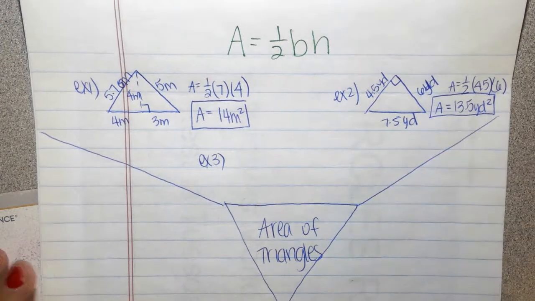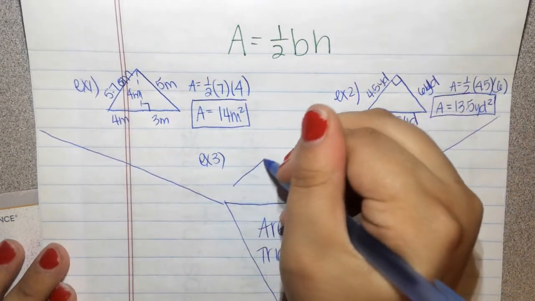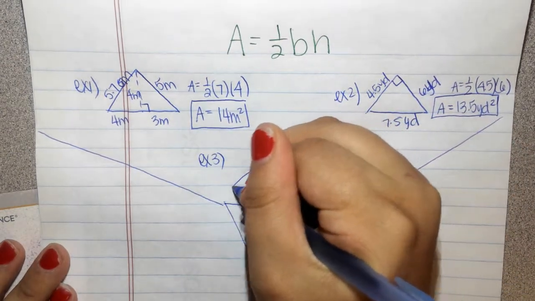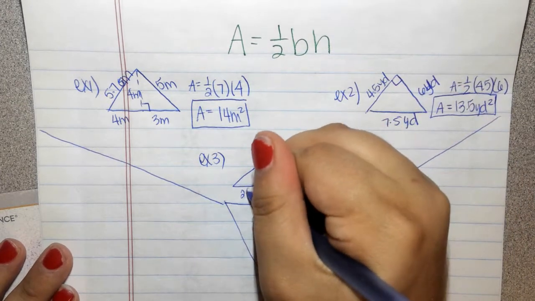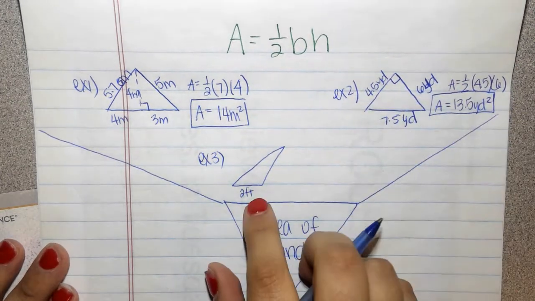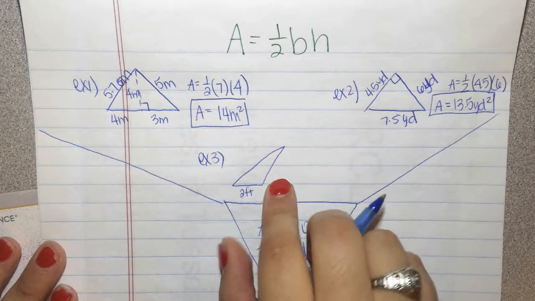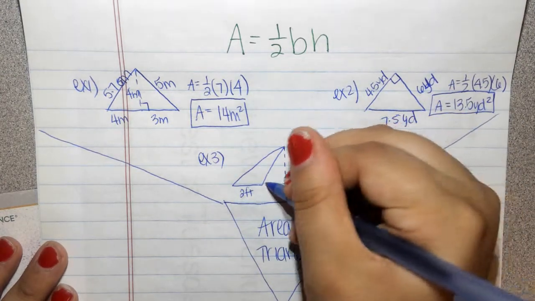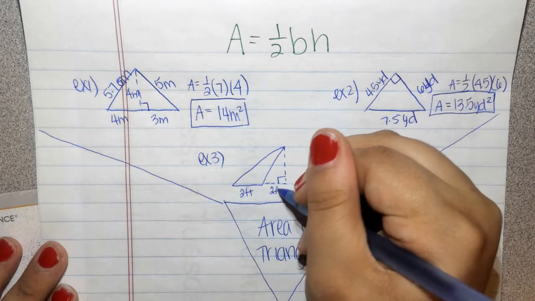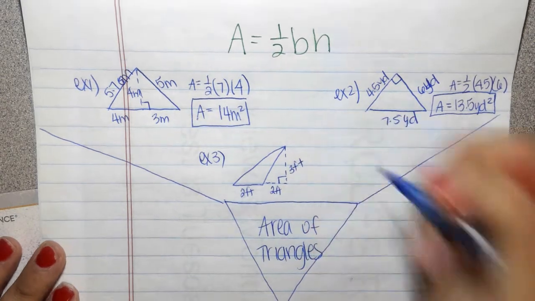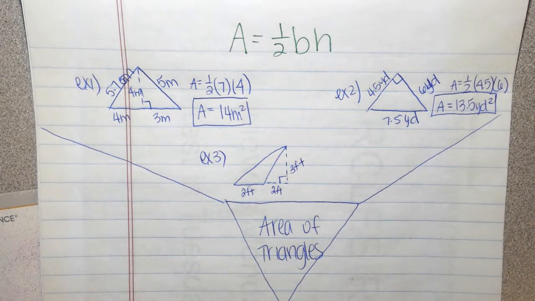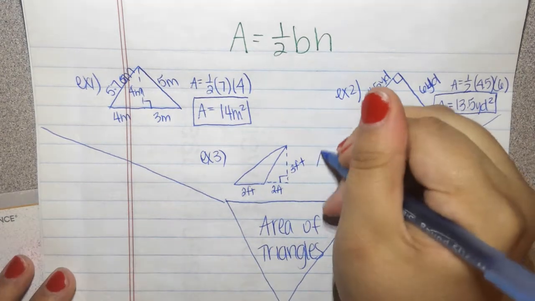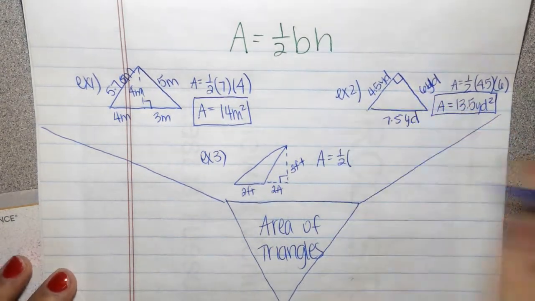Last but not least, my base right here, I don't have a height because I need a right angle. So I'm going to come down and I'm going to tell you that there's that. Now, 1/2, what is my base?